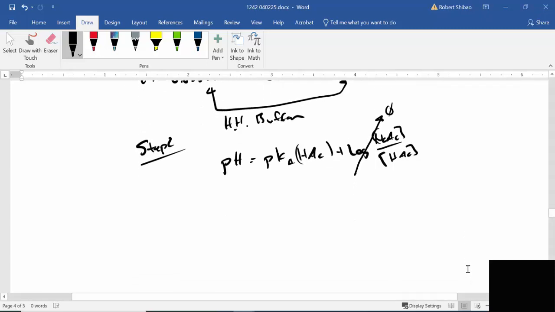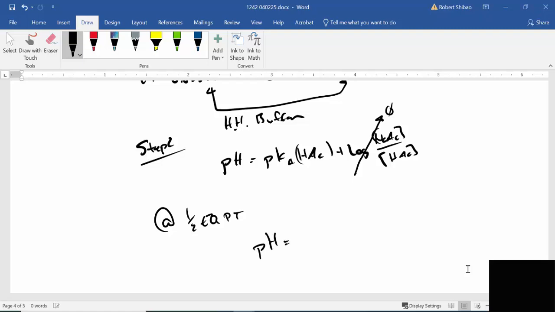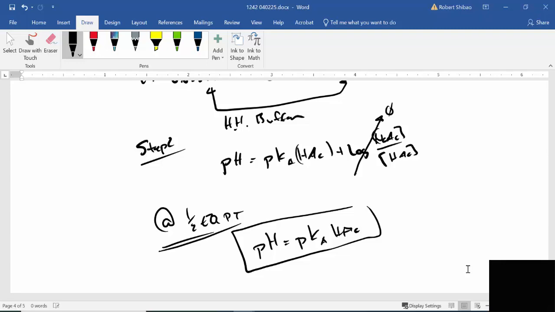The log of 1 is 0. So an interesting thing happens at the half equivalence point: the pH is equal to the pKa of the acid.